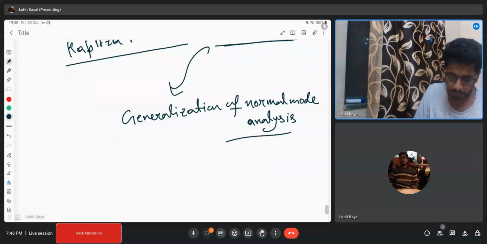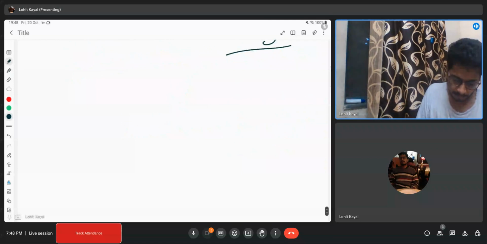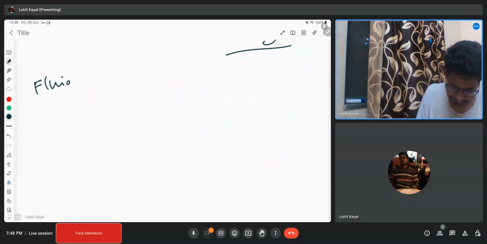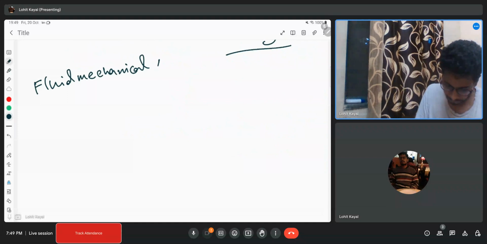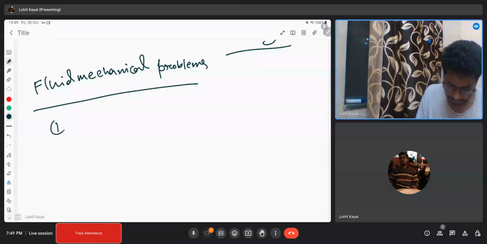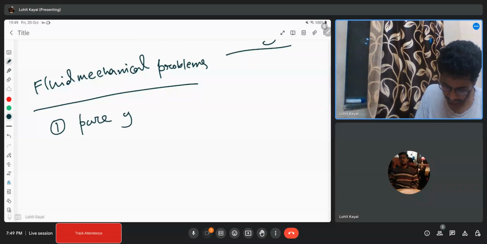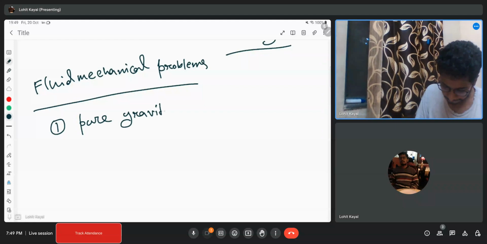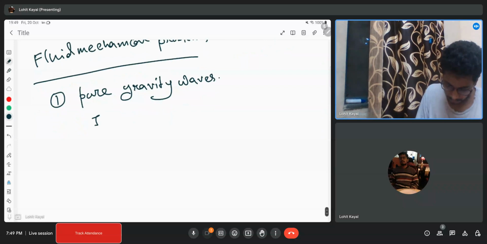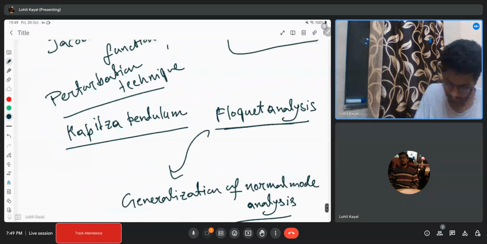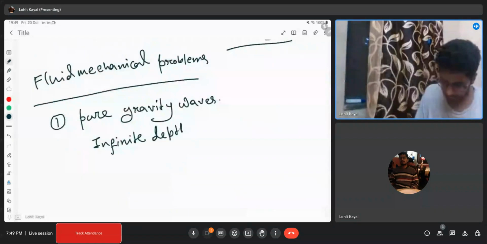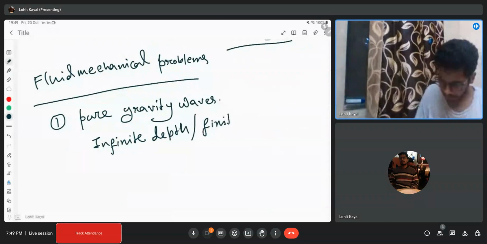Now after that, we have moved on to solving fluid mechanical problems. We have solved the problem for pure gravity waves, for infinite depth and finite depth as well.